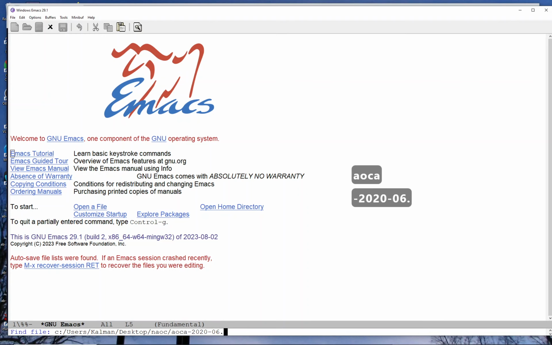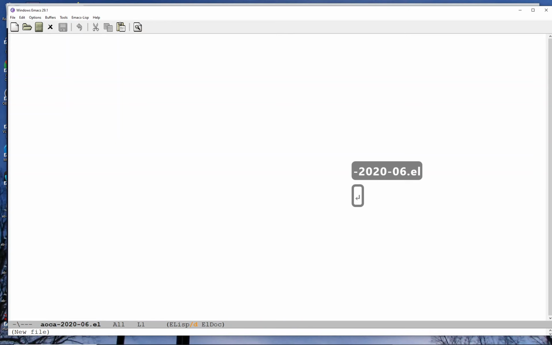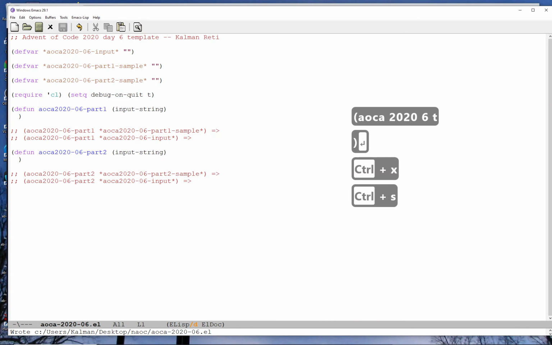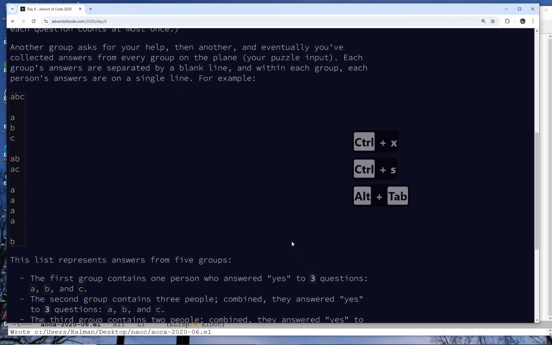So we're on 06. I know that sometimes I've called them day and sometimes called them just the plain number. I don't think it much matters. 6T. So here's our template. And I don't remember if I copied this, but if I didn't, I will copy it now.